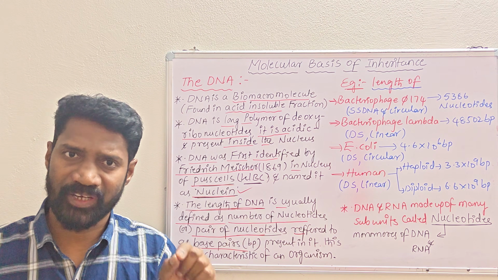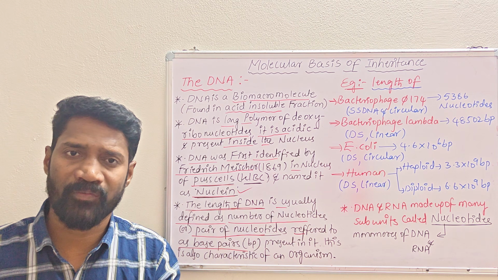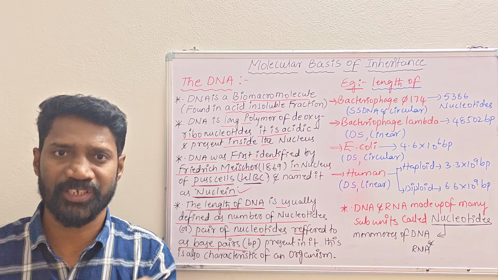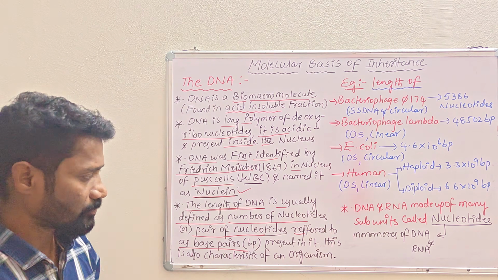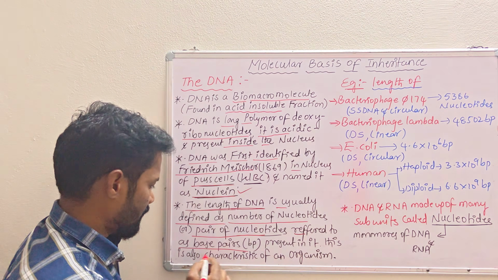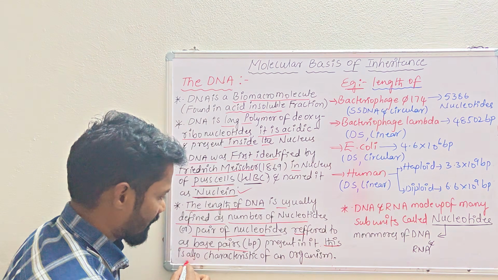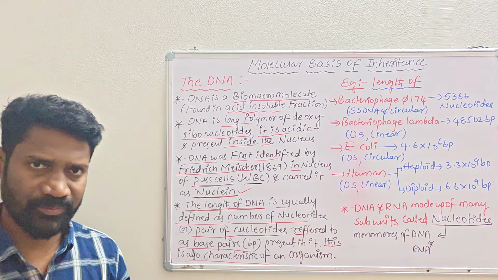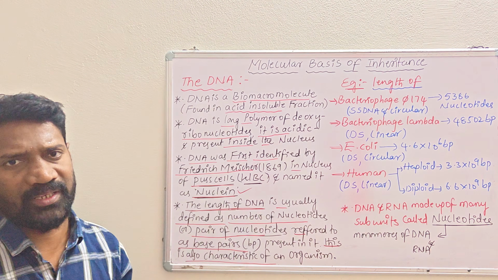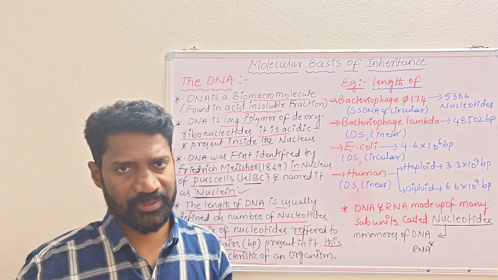Okay, the length of the DNA is referred to as the number of base pairs present in it, right? So the length of the DNA is a characteristic feature of an organism. That means it is specific, not the same in all organisms.